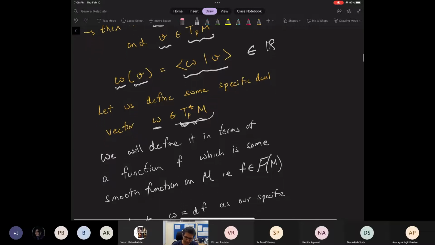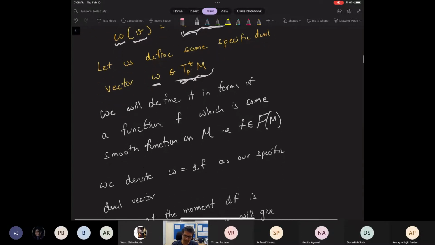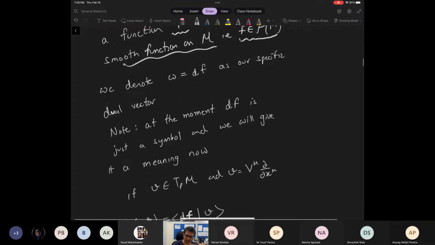The way we define it is by first defining what the inner product should give us for a vector. We define the dual vector in terms of a particular function f, which is a smooth function on the manifold M, that is, f belongs to the space of smooth functions on the manifold, which we previously denoted as capital F of M. We denote the vector omega which depends on f as df. This is our specific choice for a dual vector, defined in terms of some function f.